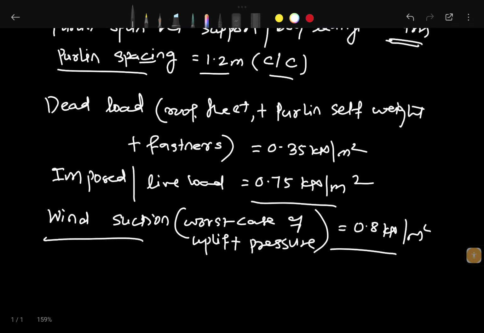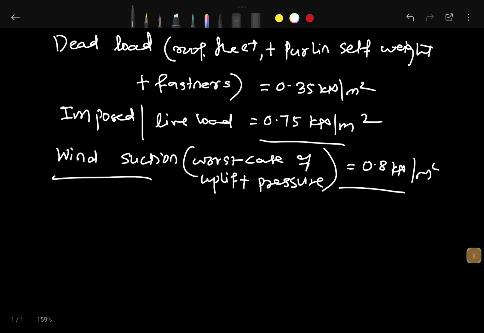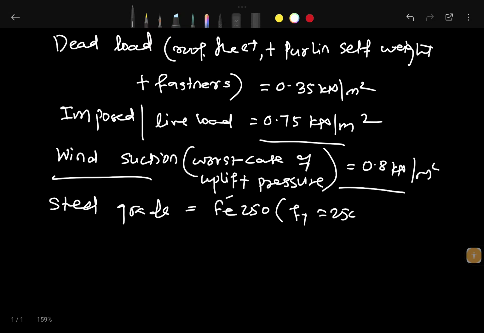Now we have considered the wind suction, dead load, live load, and steel grade. The steel grade we consider is Fe 250. It means Fy is equal to 250 Newton per mm square. And for hot roll or equivalent; for cold form, use specific material Fy from the manufacturer as per IS 801.